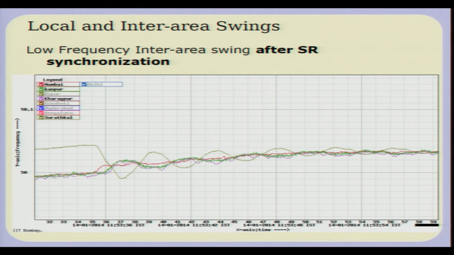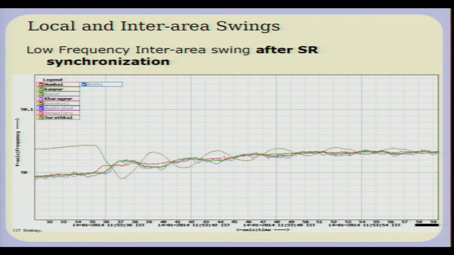This is also an interesting measurement which is taken in our grid. This corresponds to the swing seen during synchronization. This particular disturbance was measured when the southern region of our country was synchronized, that is connected by an AC path to the rest of the country.